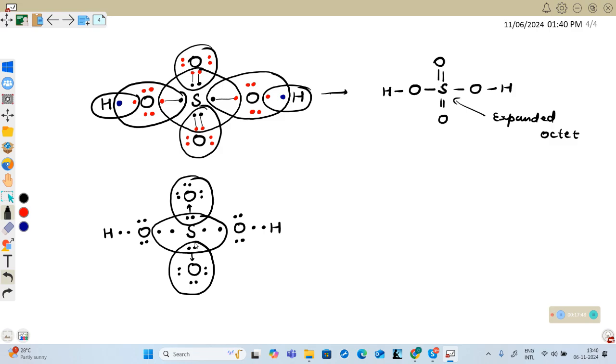That is called a coordinate covalent bond. This is hydrogen, something like this. So here you will show it something like this, SOOH.